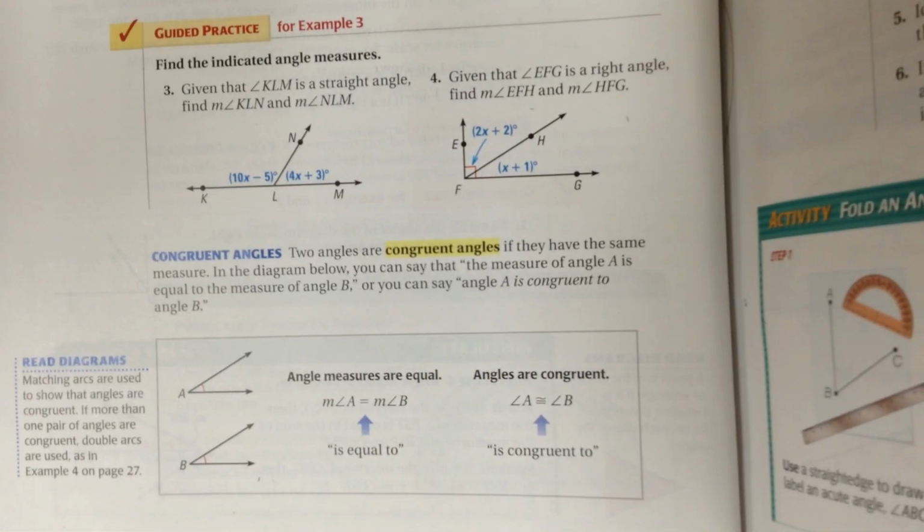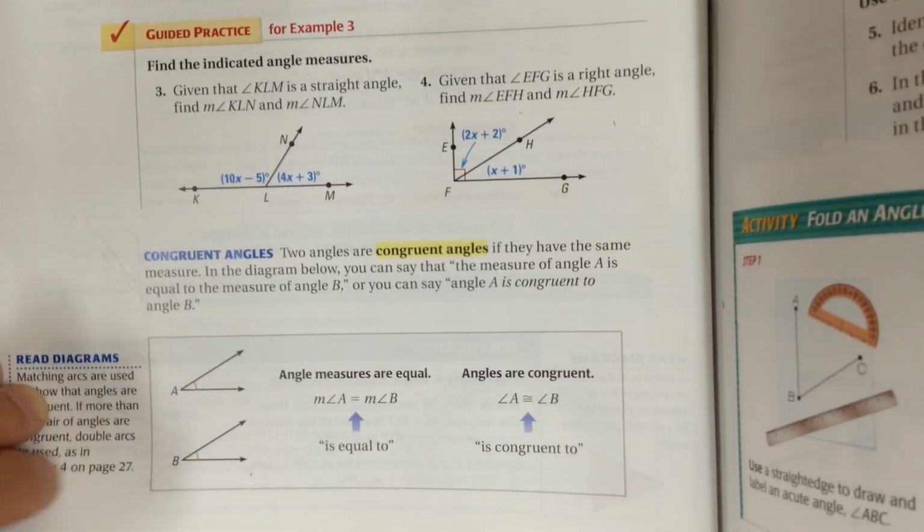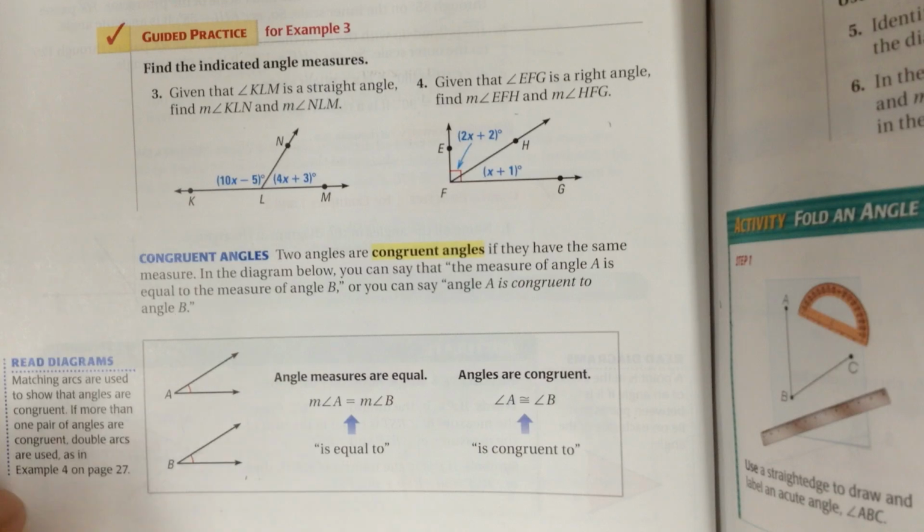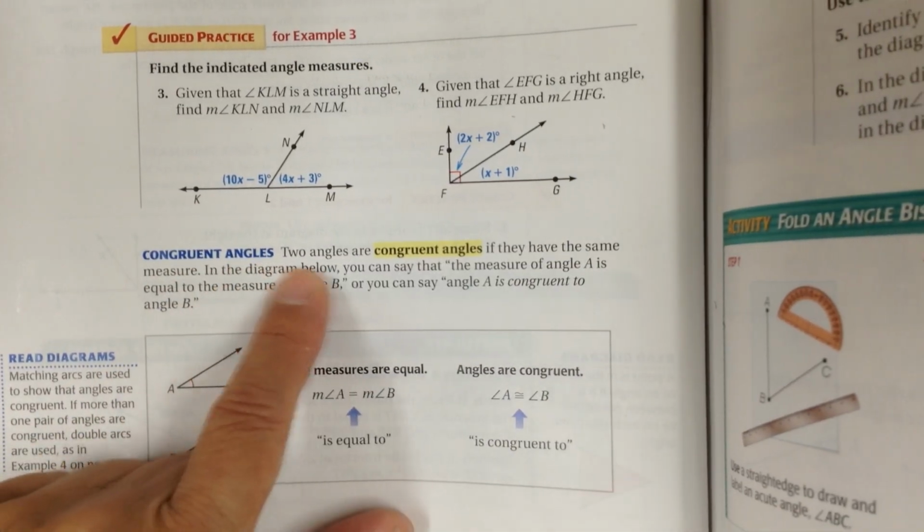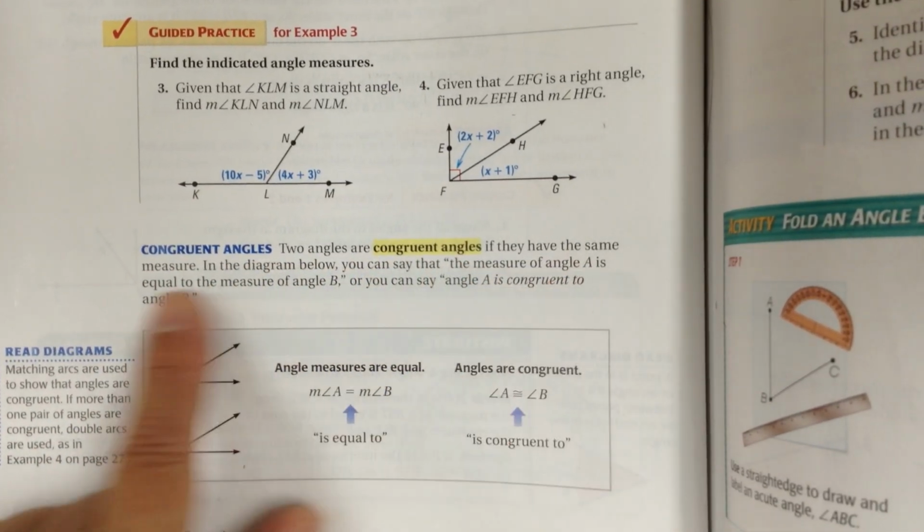Now let's go to the next part, the congruent angles. So on page 26, congruent angles. Two angles are congruent angles if they have the same measure.